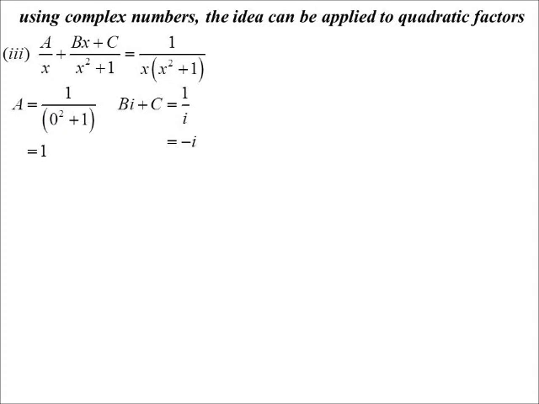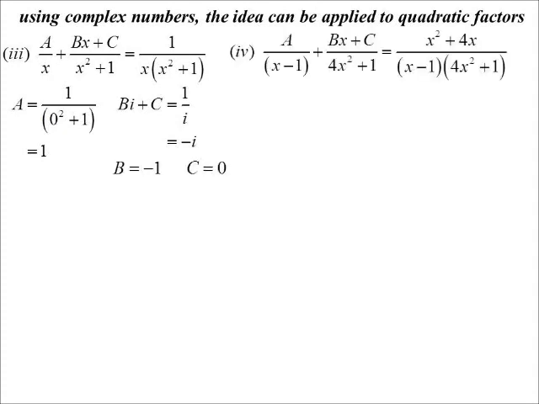You're basically making the factor equal to 0. So if I cover it up, I get bi plus c is equal to 1 on i. Well, 1 on i is, of course, negative i. So b is negative 1, c is 0.